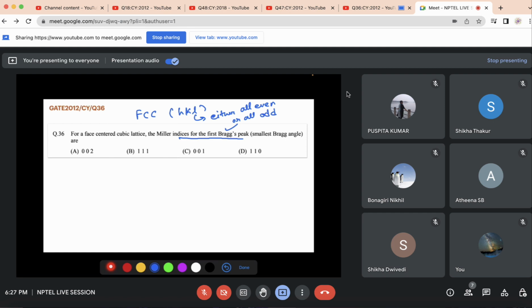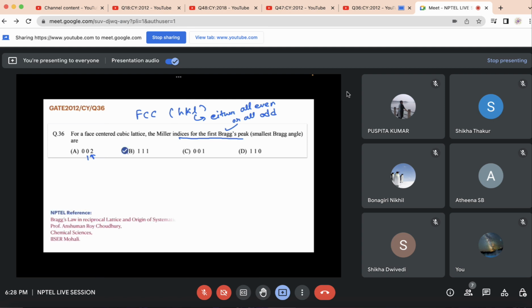Among the four options A, B, C, D, the one which satisfies this condition to get the Bragg's peak is option B, because it has 1, 1, 1, that is all odd. And here we have odd, even, and B is the one which has all odd.